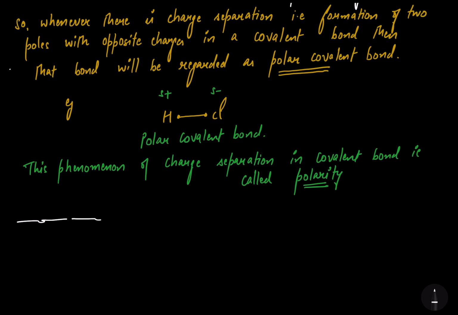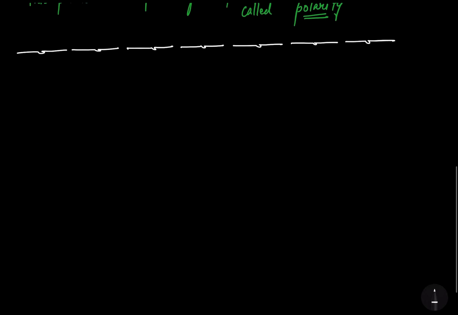So here one thing is understood, that there can be charge separation in a covalent bond, but charge separation is a property of ionic bond. That means covalent bond also carries some sort of ionic character. So I am writing, charge separation usually occurs in ionic bonds.